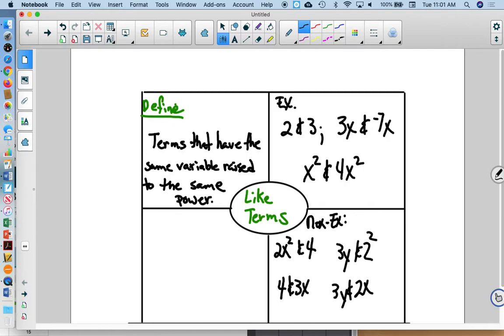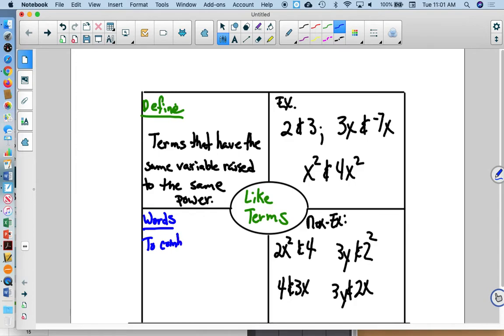Let's talk about a way that we can use this, how we use our like terms. In words, we're going to say, the whole reason why we identify where our like terms are is because we want to be able to combine them.